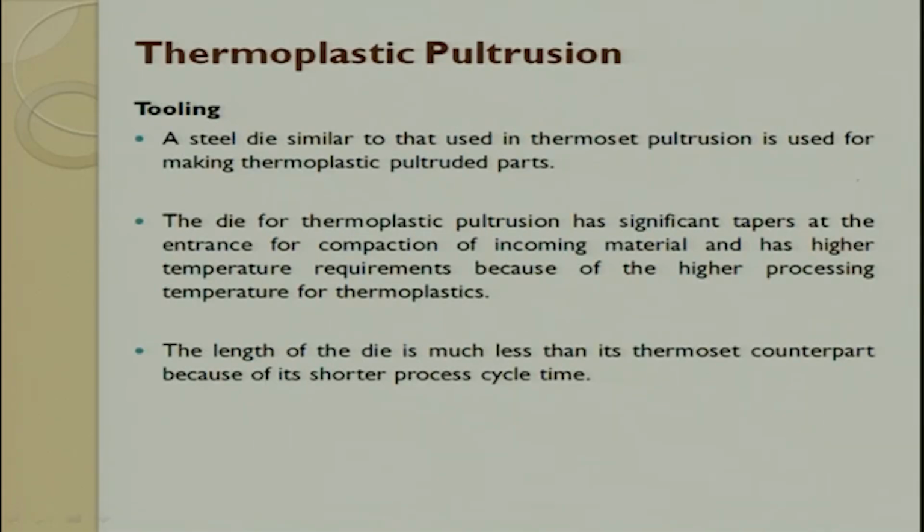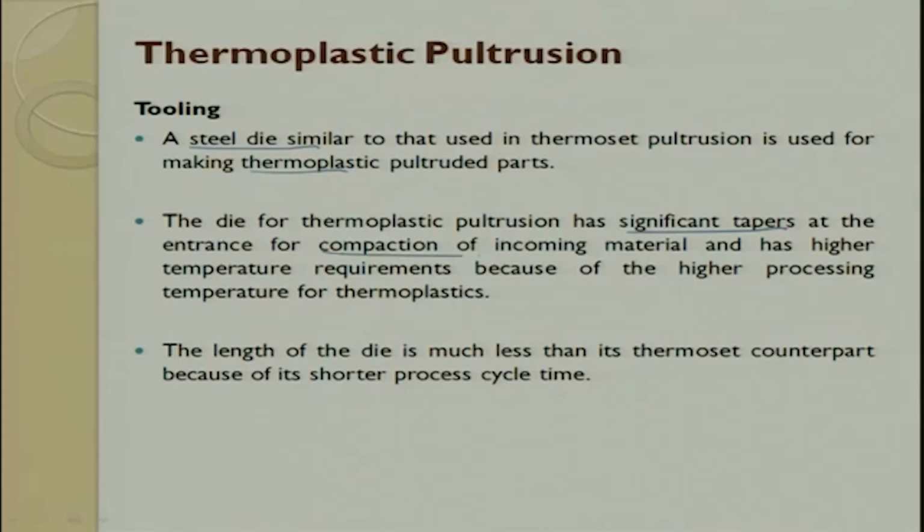So, what are the toolings? The steel die, which is very similar to that of thermoset pultrusion, is used here in thermoplastic. The die of the thermoplastic extrusion has a significant taper, because you have to consolidate and then get the output. We always have a taper at the entrance for compaction of the incoming material.